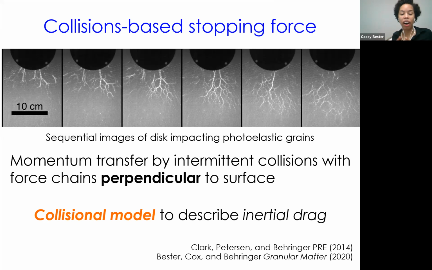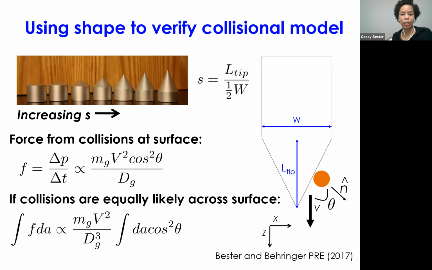Now we just need to figure out how we translate what we're observing and what we expect to our 3D experiments of objects in sand. So that brings me to the change in the shape of the projectile that we use. That was brought up earlier during the talk, so that was a really nice lead into this.